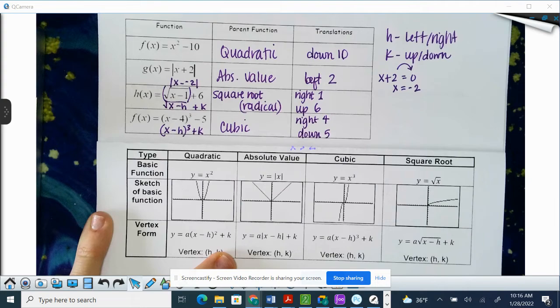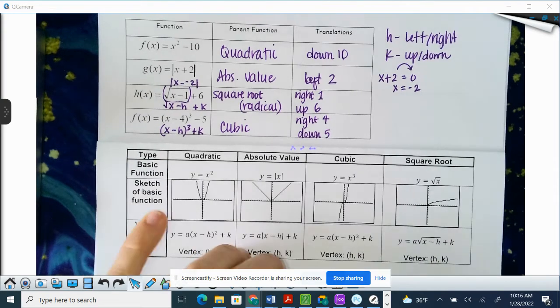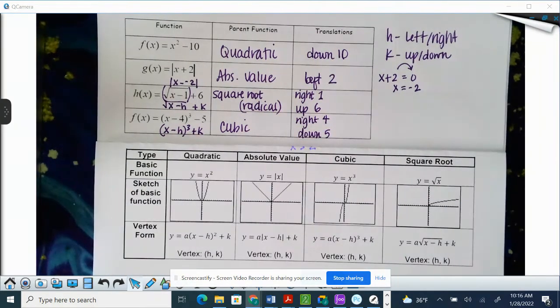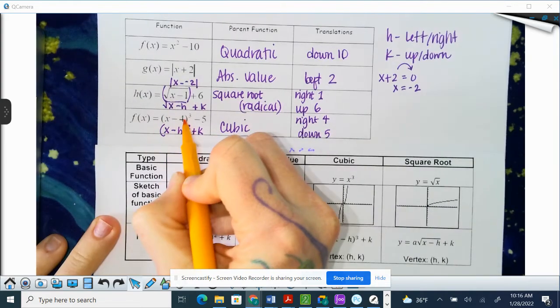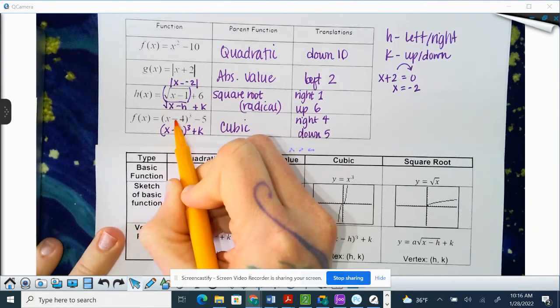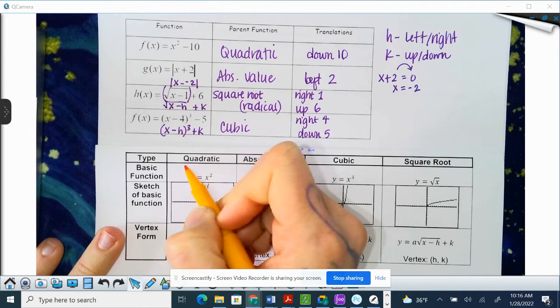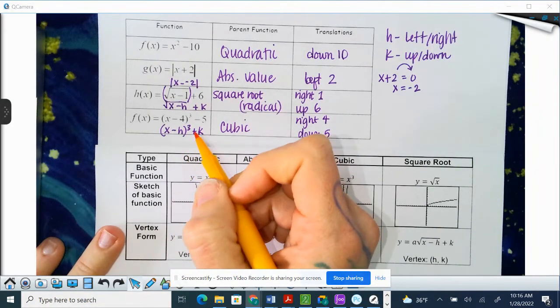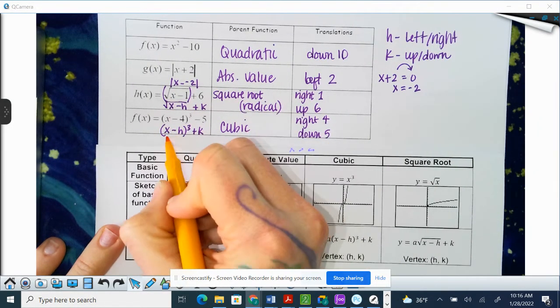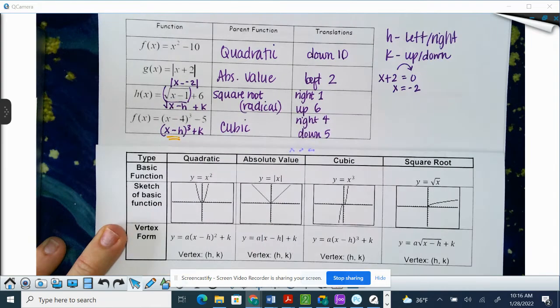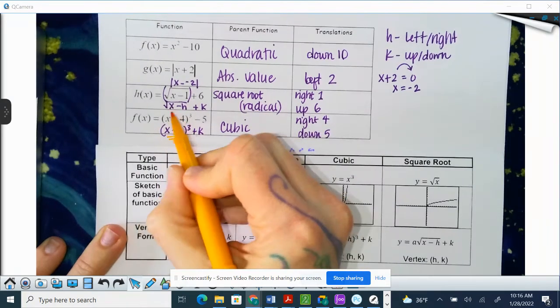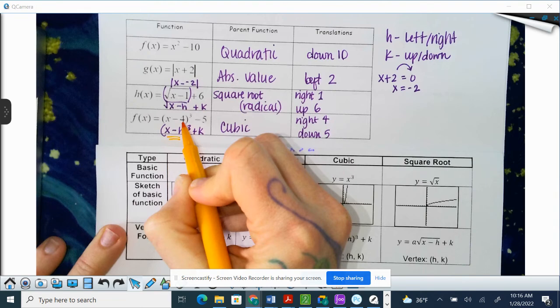Now, in my brain, when I was talking about what I make up for myself to make it make sense, whatever I think this is going to do, because all of you for a little while are going to say this is left 4 because it's minus 4, and that makes sense because it's a negative 4. But we forget that the outline looks like this. So in my mind and in my box, whatever I initially jump and think is the opposite. So whatever it looks like is the opposite.